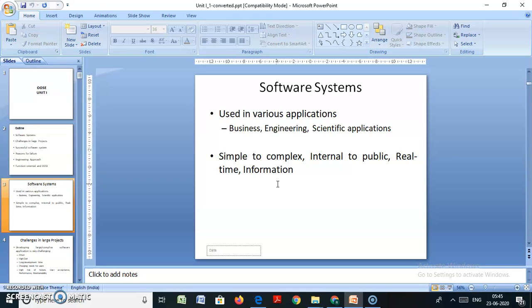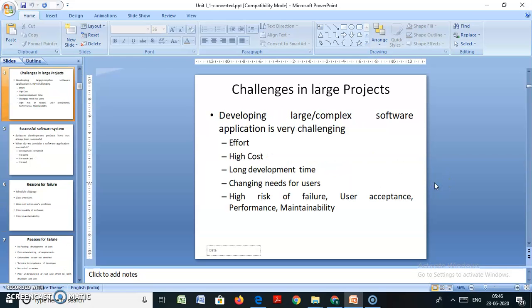Coming to the payroll system application, it is used by business organizations for executing their activities.